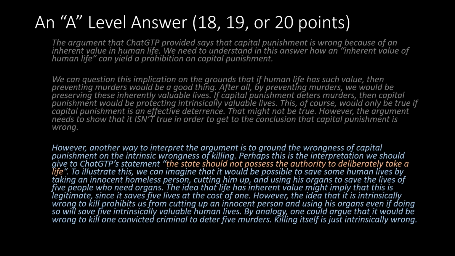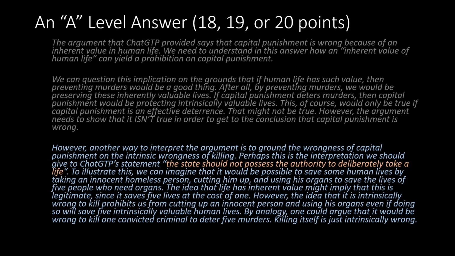To illustrate this, we can imagine that it would be possible to save some human lives by taking an innocent homeless person, cutting him up, and using his organs to save the lives of 5 people who need organs. The idea that life has inherent value might imply that this is legitimate, since it saves 5 lives at the cost of 1.